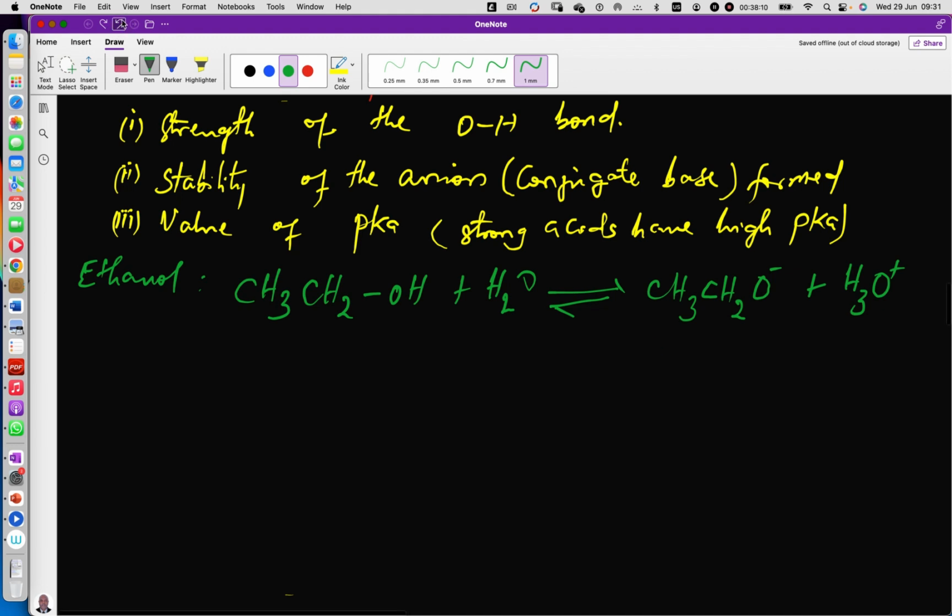The Ka of the acid is 10 to the minus 18 mole per dm cube.